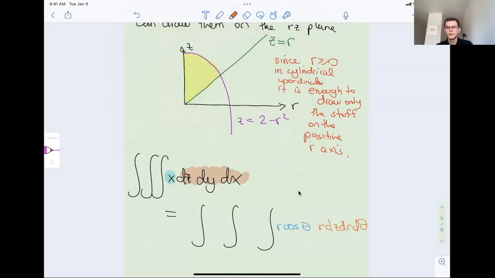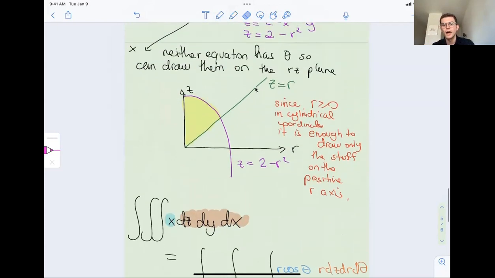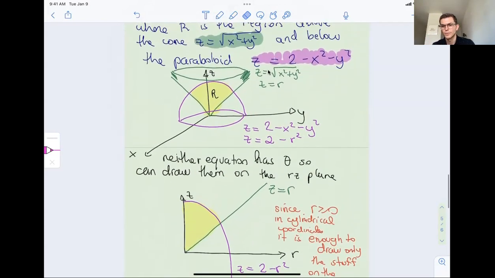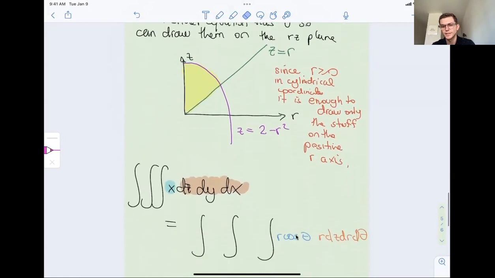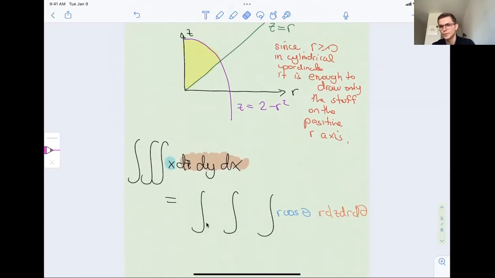Does that make sense? You don't have theta in the equations for the surfaces, but theta still appears as part of the triple integral. Those are different things. Notice that theta does appear because of the function you were given to integrate.